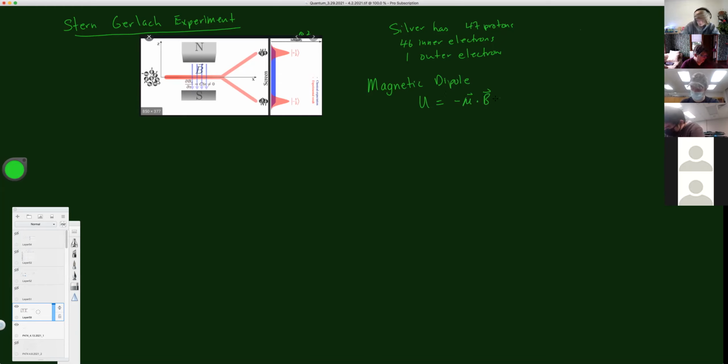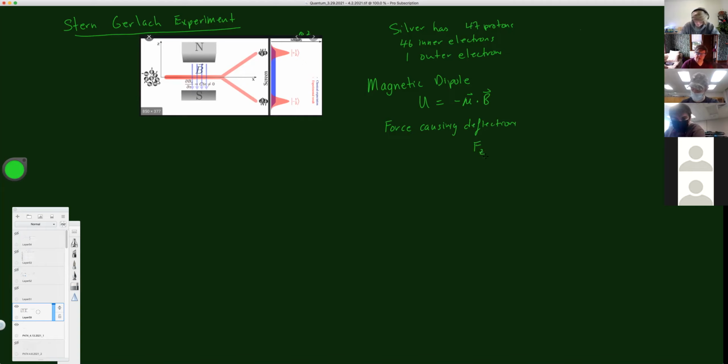And so when you think about what is the force in the z direction, a force of deflection, the force causing deflection, it would be the force in the z direction, because that's the deflection direction.